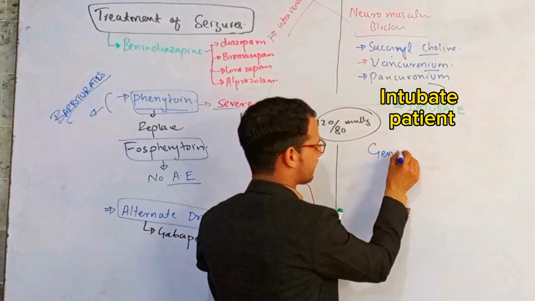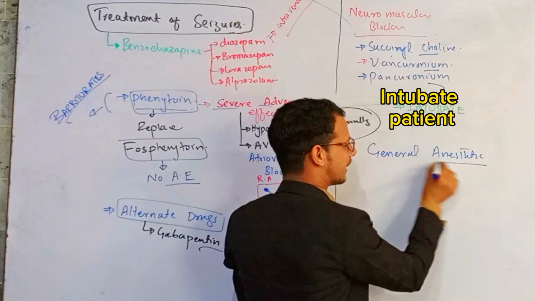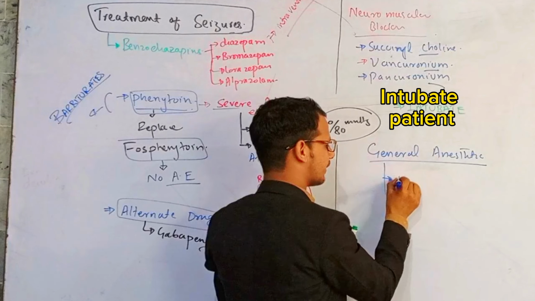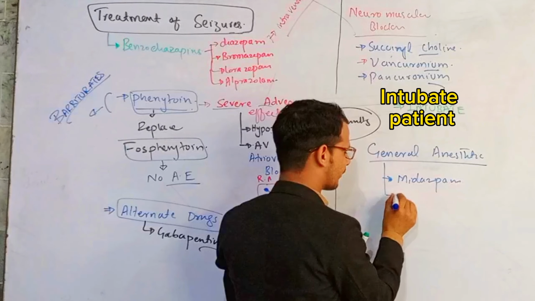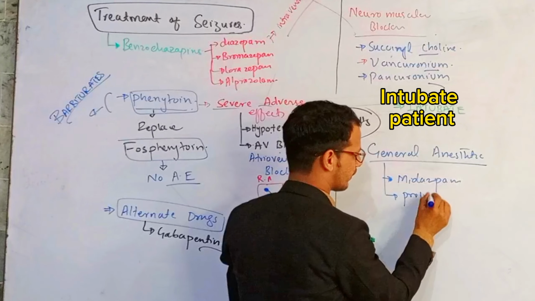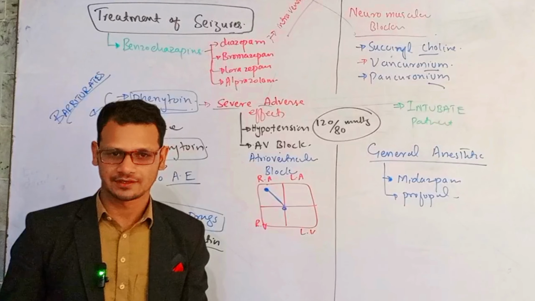anaesthetics. General anaesthetics, for example midazolam or propofol. These are general anesthetic drugs.